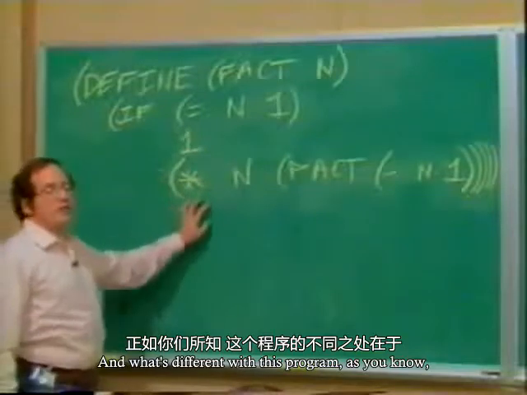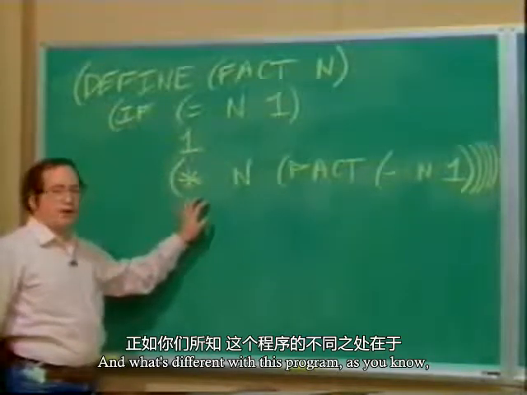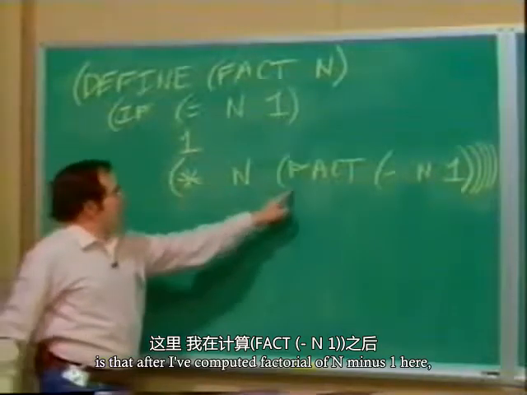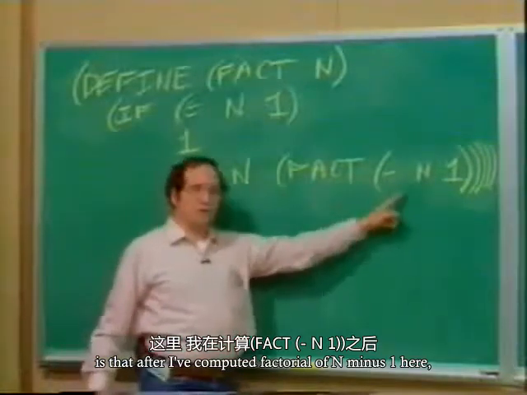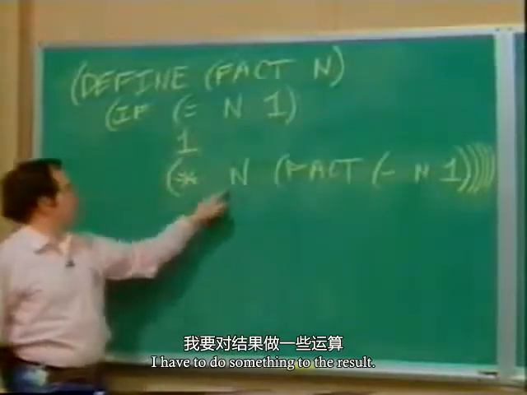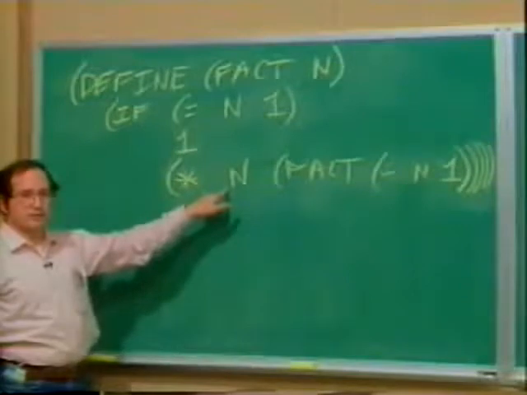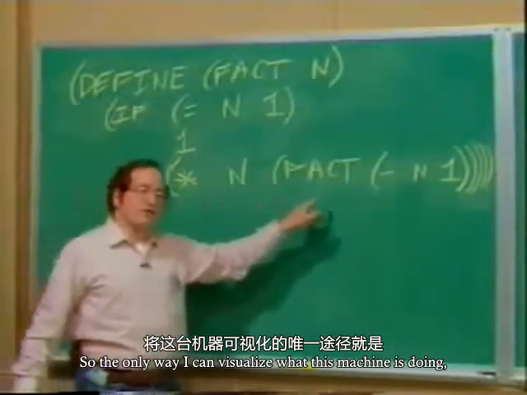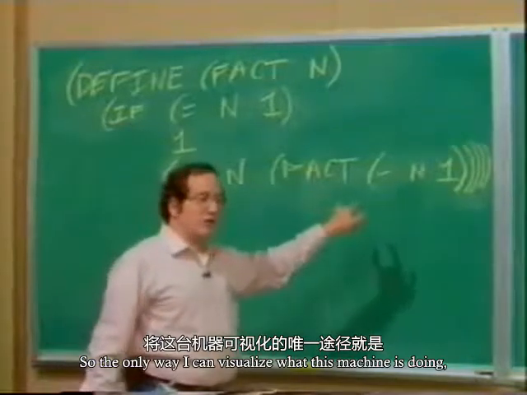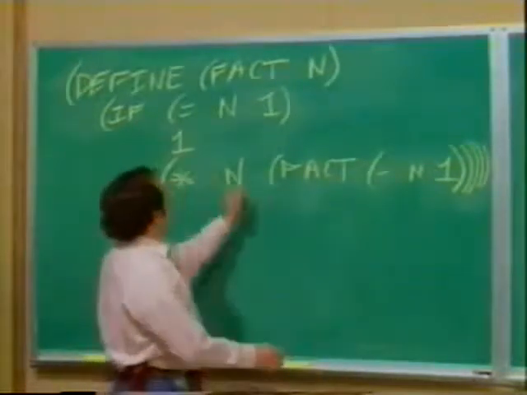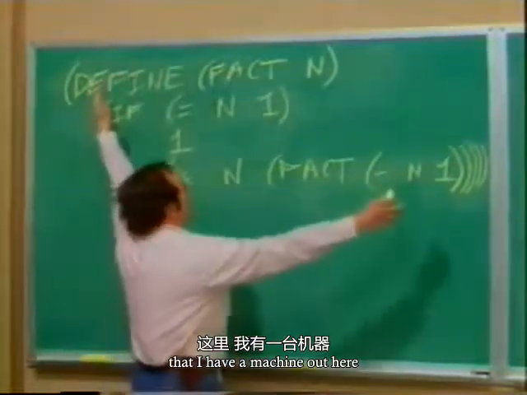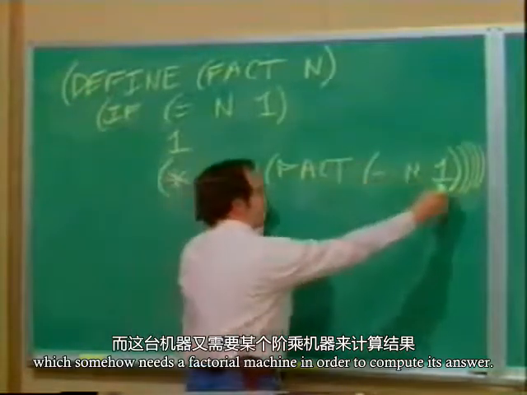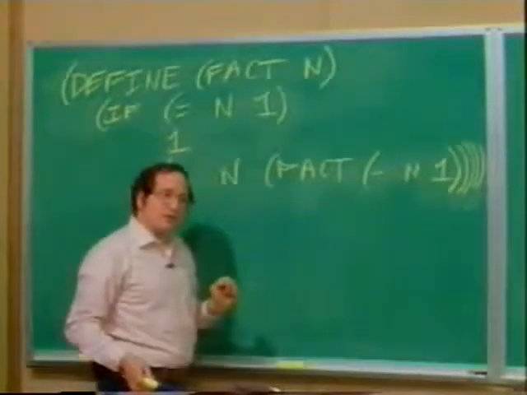And what's different about this program, as you know, is that after I've computed factorial of n minus 1 here, I have to do something to the result. I have to multiply it by n. The only way I can visualize what this machine is doing is to think of it this way: I have a machine out here which somehow needs a factorial machine in order to compute its answer.